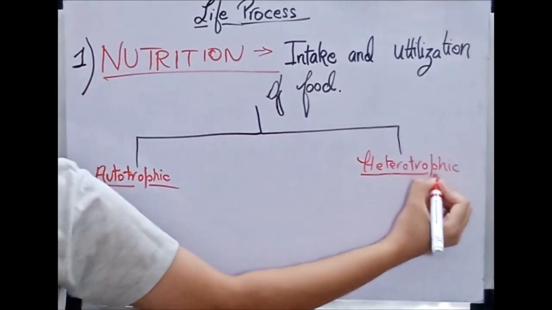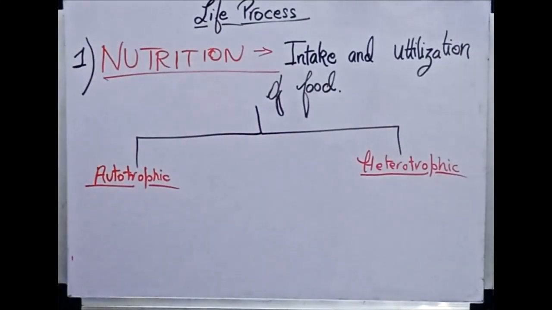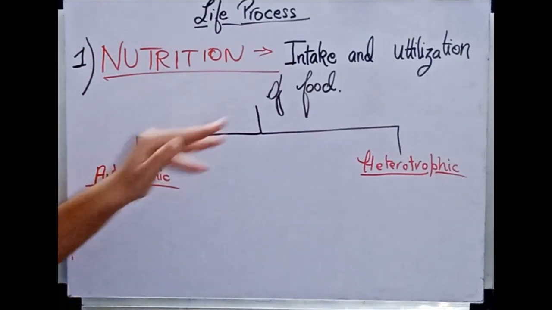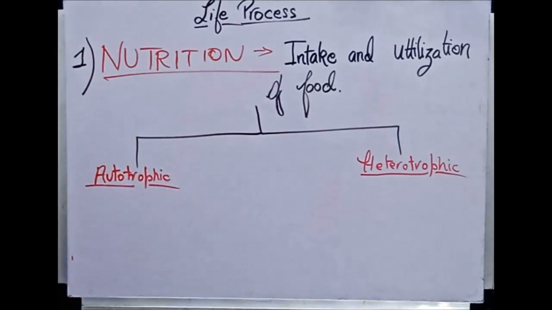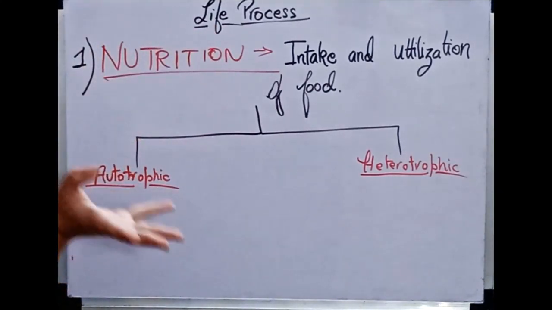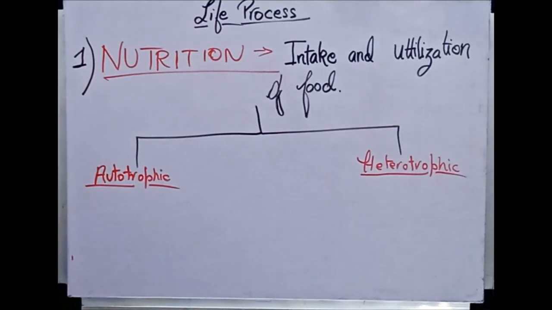Autotrophic and heterotrophic. Let's discuss a little bit about it, because in the next videos there will be a proper detailed video about each one of them. In that we'll discuss more in depth and in the way of advanced classes. But here let's recapitulate what we have already learned in our previous classes.